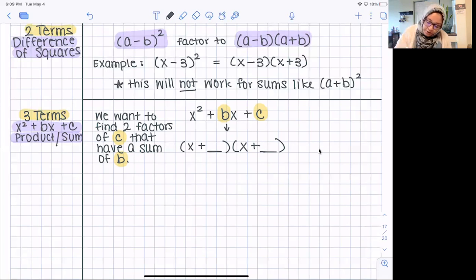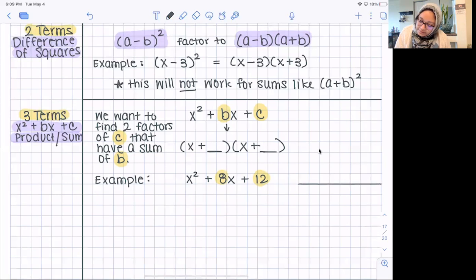All right, so for example, let's go ahead and write our example down again. Let's say I have x squared plus 8x plus 12. Okay, so I need to find factors of 12. I'm going to start with factors of 12.